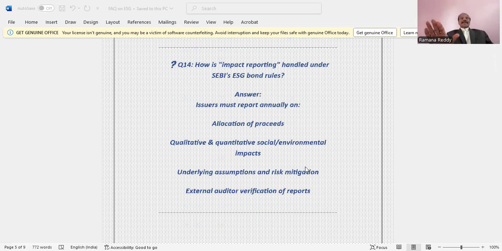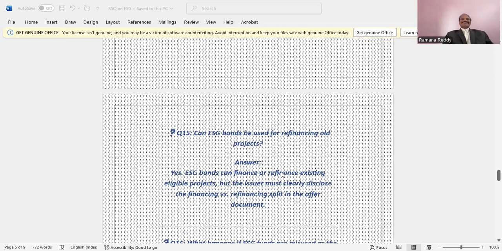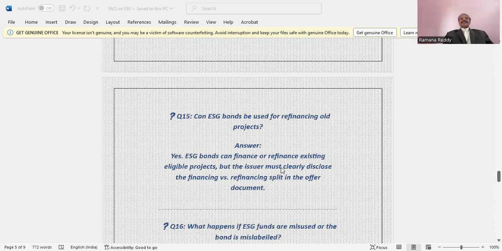Can ESG bonds be used for refinancing old projects? The answer is yes. ESG bonds can finance or refinance existing eligible projects, but the issuer must clearly disclose the financing versus refinancing split in the offer document.